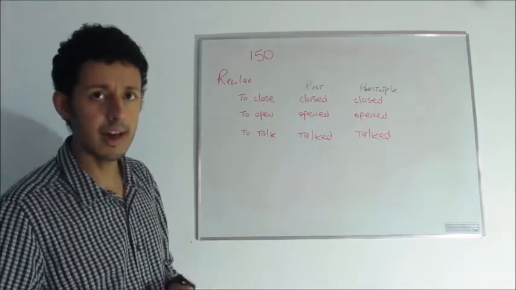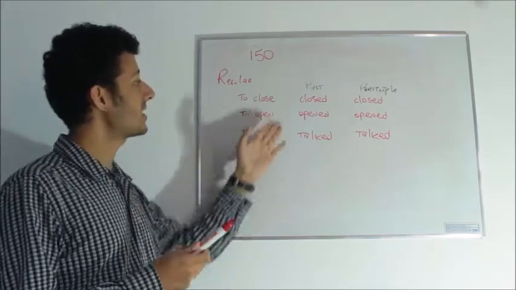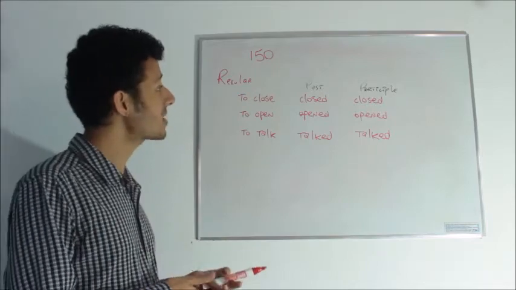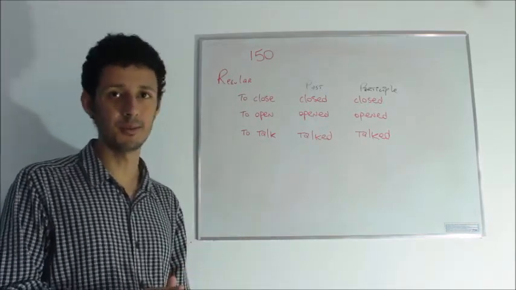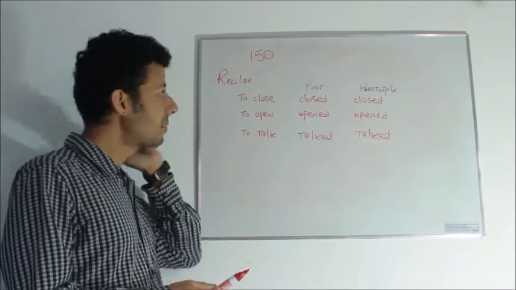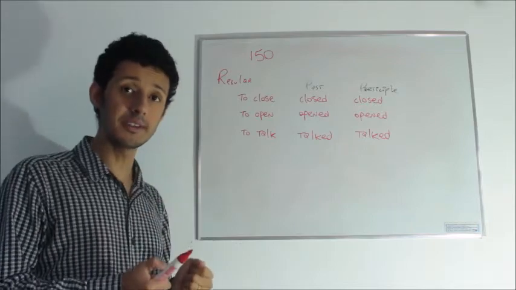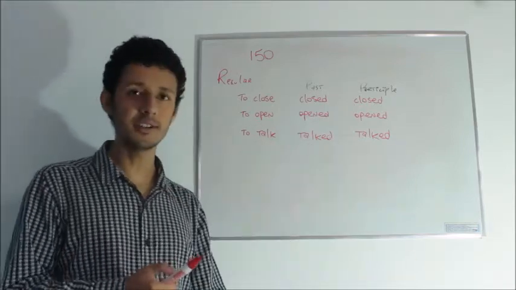So, here we have it. Past of the verb to close, closed. And participle, closed. Oh, it's very similar in the form, right? To open, past, opened. And participle, opened. To talk, talked, talked.